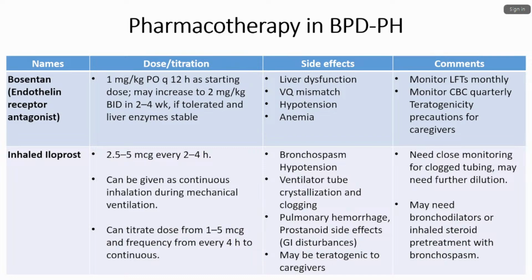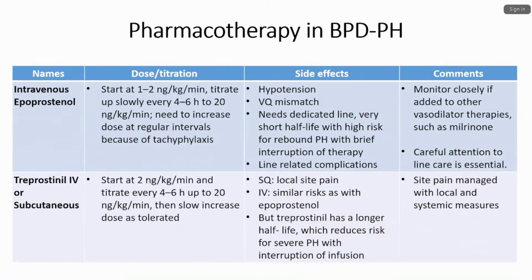Side effects are bronchospasm, hypotension, ventilator tube crystallization and clogging, pulmonary hemorrhage, and prostanoid side effects such as GI disturbances, and it may be teratogenic to caregivers. So monitor for clogging of the tubing, and it may need further dilution. It may need bronchodilator or inhaled steroid pre-treatment for bronchospasm.